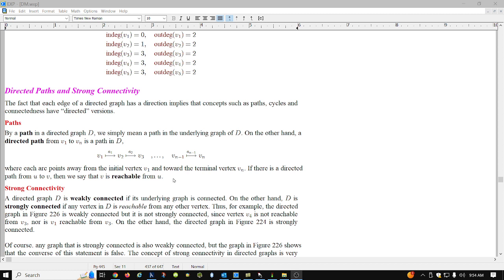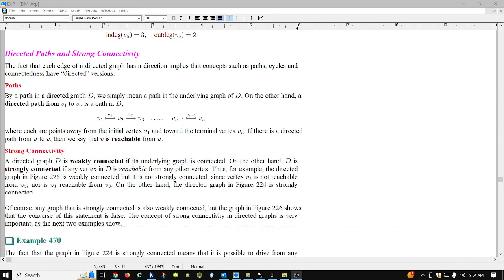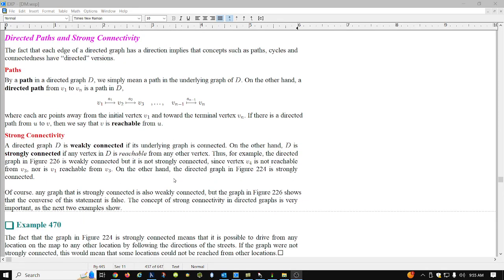So the definition becomes: D is strongly connected if there is a directed path between every pair of vertices. And certainly, if a graph is strongly connected, it's also weakly connected, but the converse does not have to be the case.